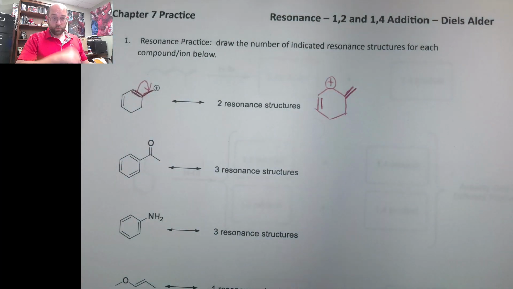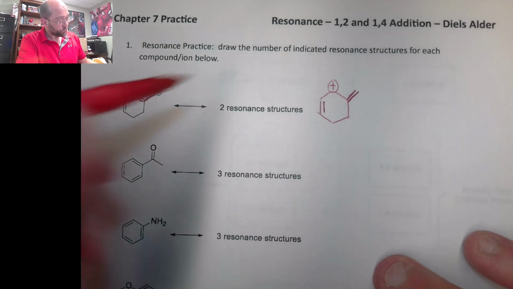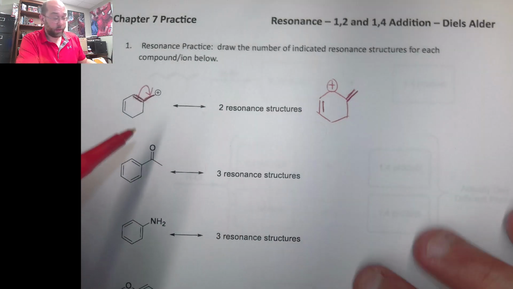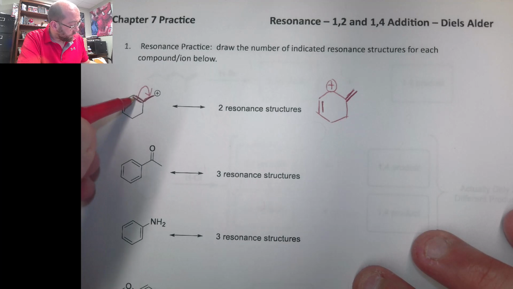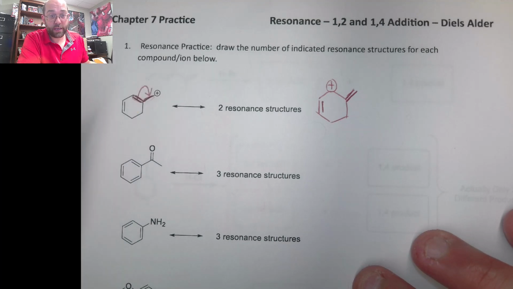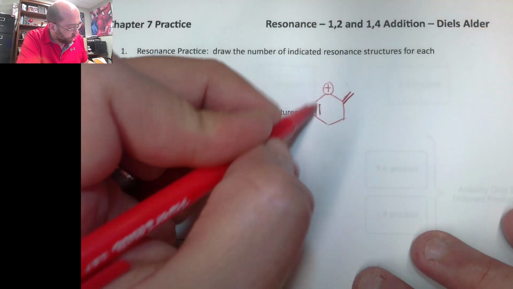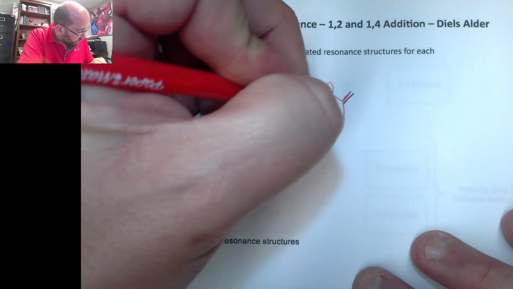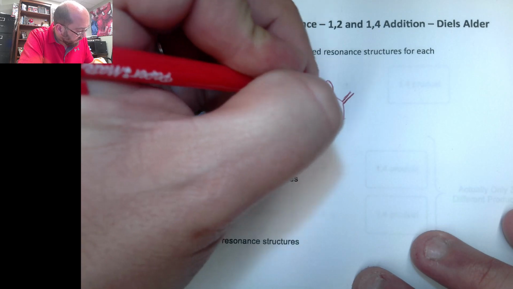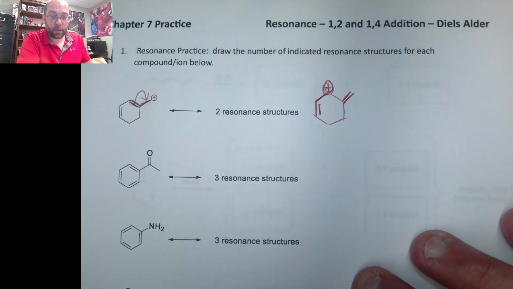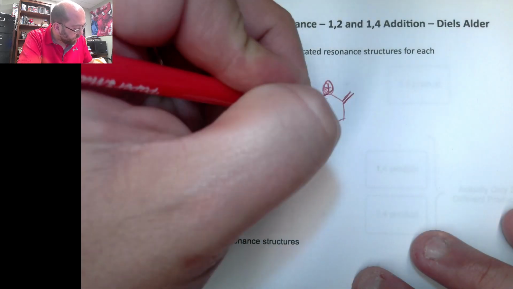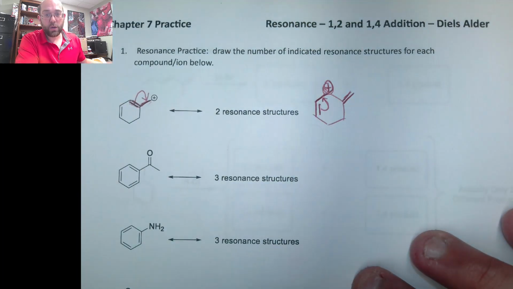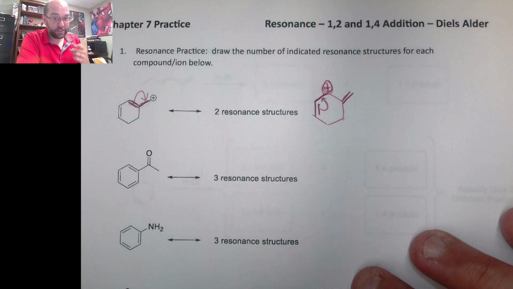Now, we don't want to go backwards, so let's just keep going in the same general direction. In this case, the simplest step we could have is, you notice I said double, single, and then a positive charge at the end of the single bond. Well, look at that. Double, single, positive charge at the end of that single bond. So you can have just another one of these pi bonds shifting up towards that positive charge.